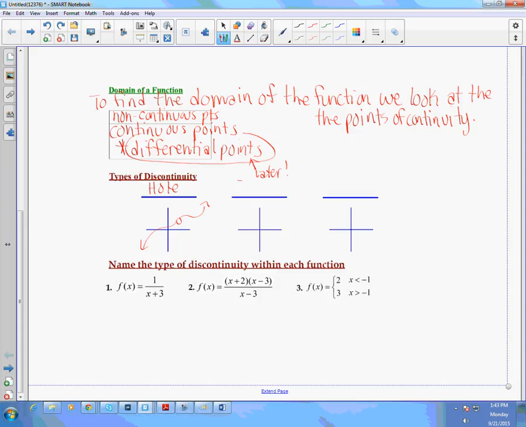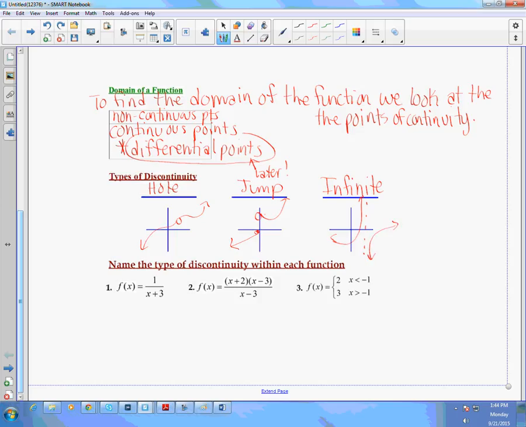We can have a jump, so maybe it's like a piecewise function. It starts linear, and then it goes quadratic, something like that. And then the asymptotes are an infinite discontinuity. It's going to infinity. Infinite discontinuity. So if we have an asymptote, maybe we went up here, and this doesn't really matter.